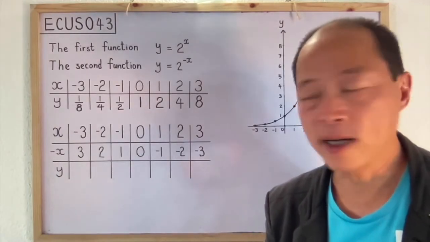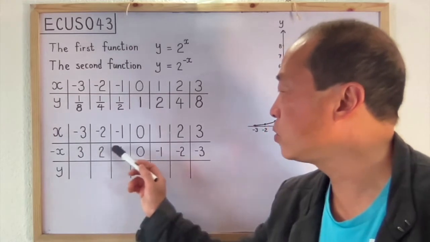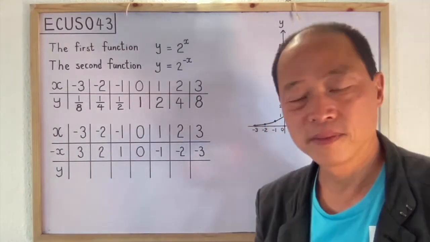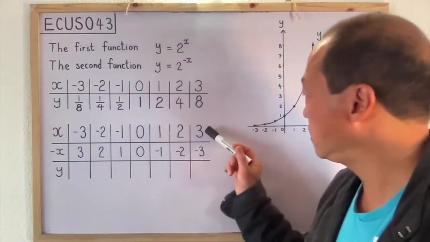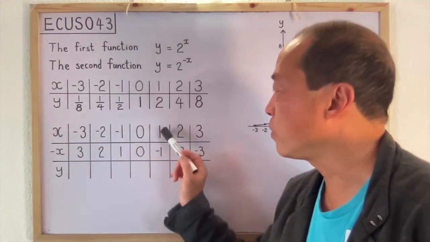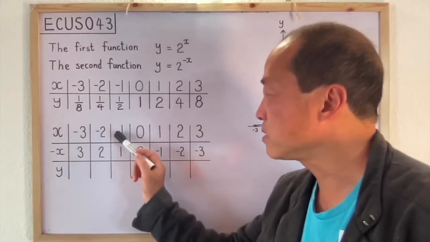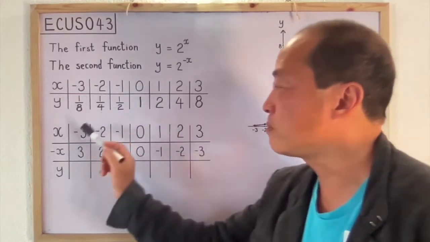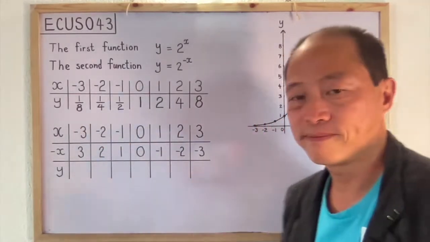The values are 3, 2, 1, 0, minus 1, minus 2, minus 3. It looks like this: 3 goes there, this 2 goes there, and this 1 goes there, and this minus 1 comes here, and this minus 2 comes here, and this minus 3 comes here.